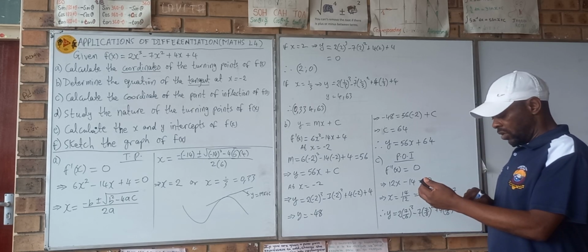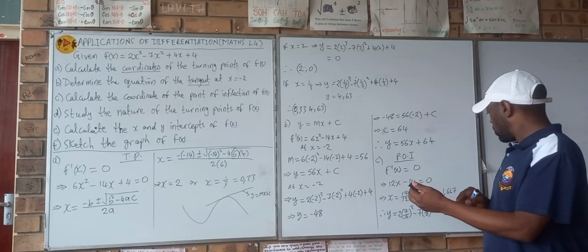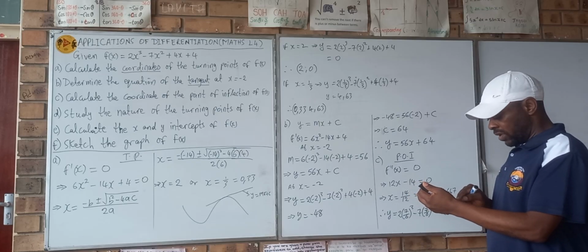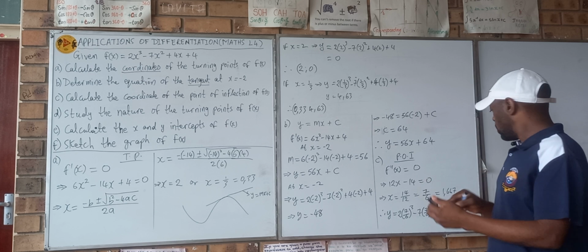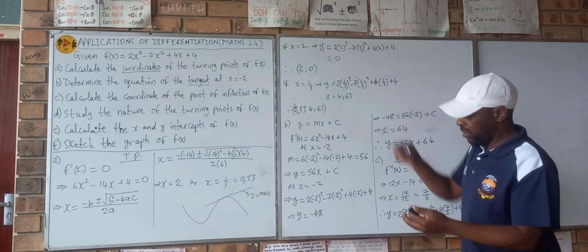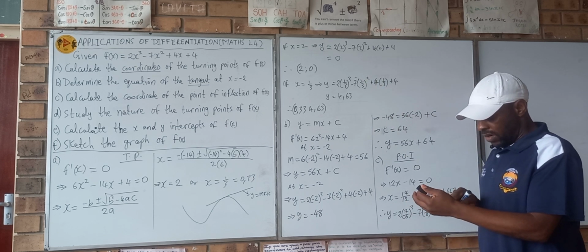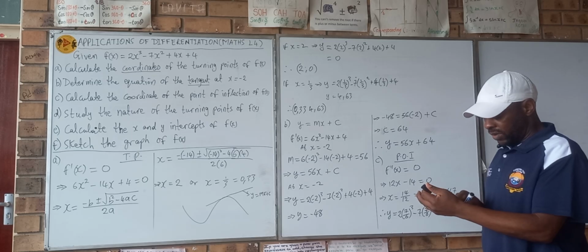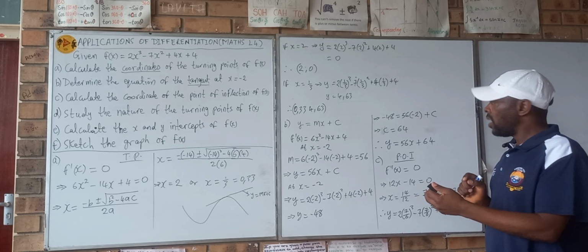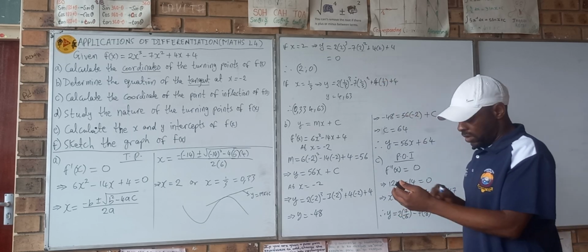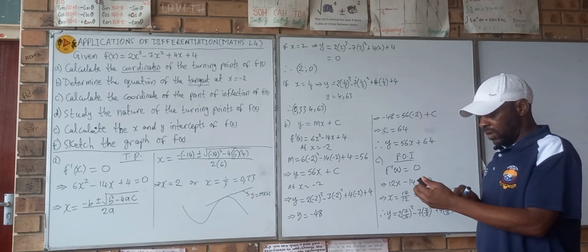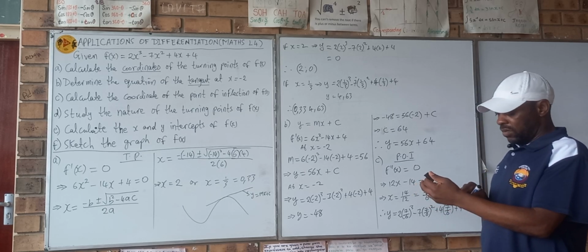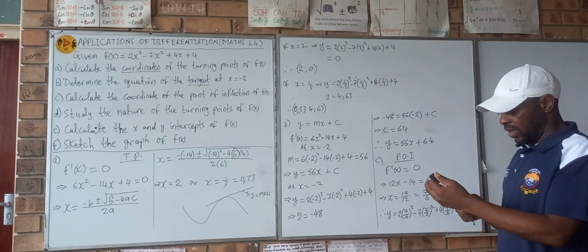So I will say 2 into 1.667 cubed. So I've substituted the first part, then minus 7 into 1.667 squared, that's the second part, then plus 4 into 1.667, then plus 4. So I guess that is it.